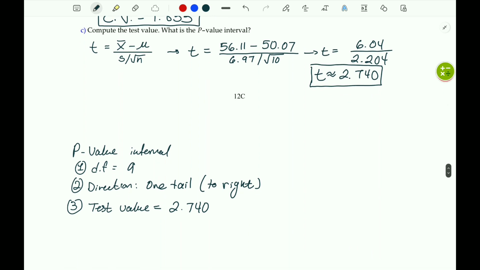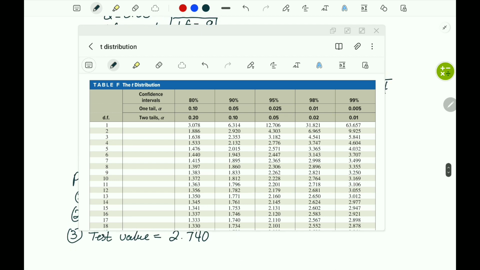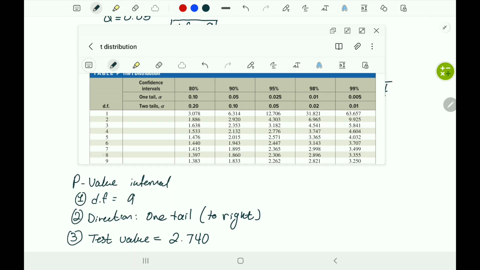Now let's find the p-value interval by opening up our t distribution. So it's going to be a little bit different in this case. Let's highlight the degrees of freedom of 9.